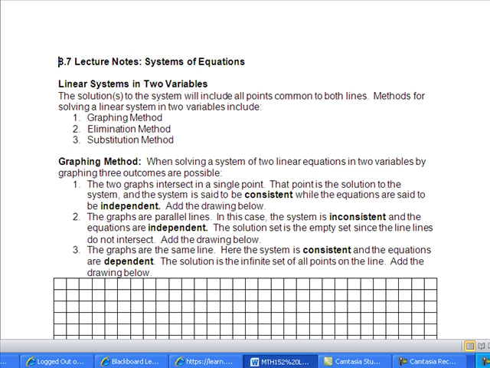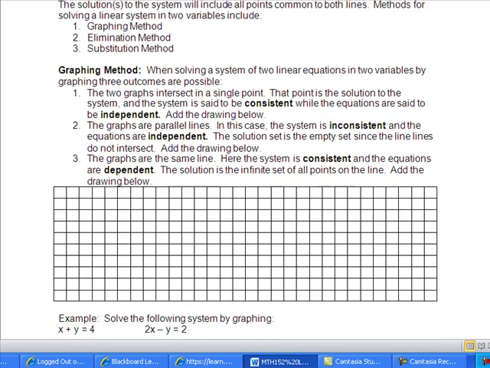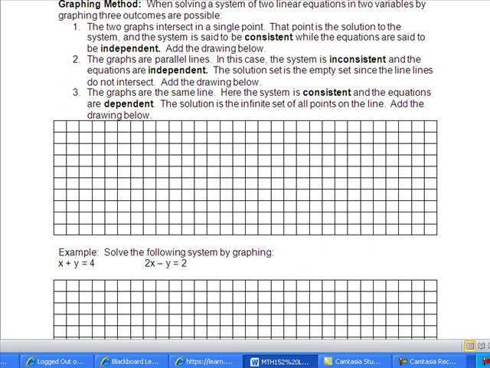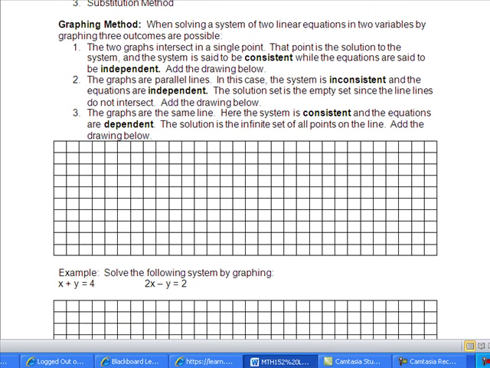When we go about solving a system of linear equations in two unknowns, or two variables, there are three possible outcomes, and I'm going to divide this here into three sections so we can see three possibilities.